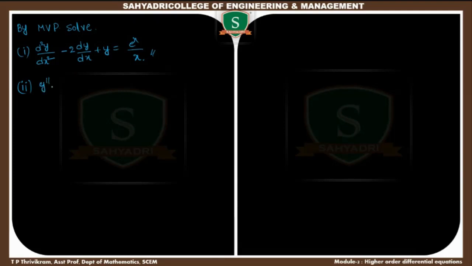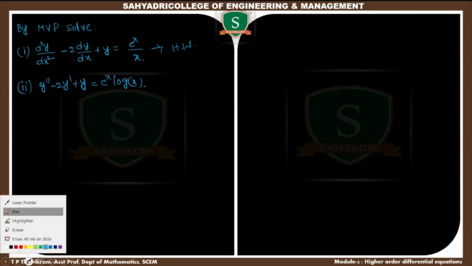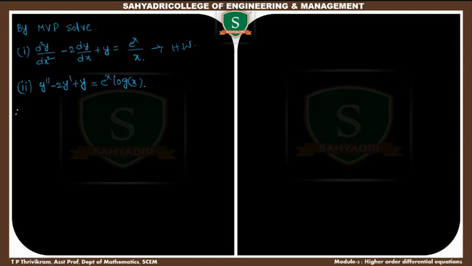Y double dash minus 2y dash plus y is equal to e power x log x. Solution: this is nothing but d square minus 2d plus 1 into y is equal to e power x log x.